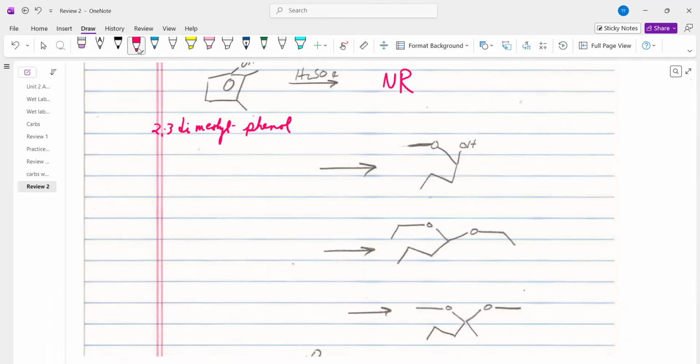Here's where the anomeric carbon is, right here. So this is a hemiacetal.